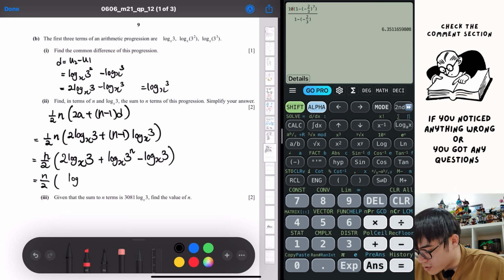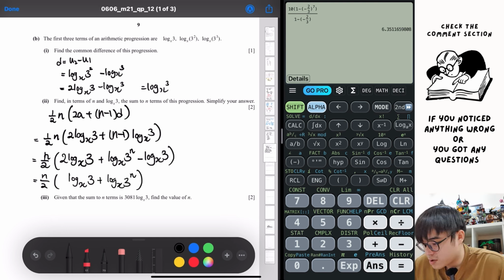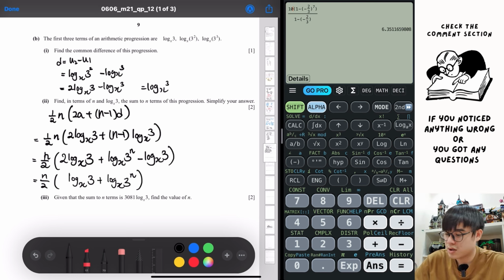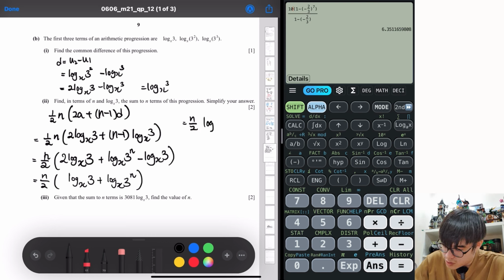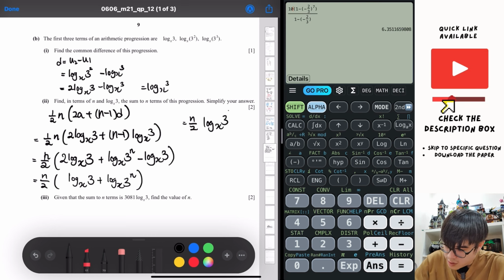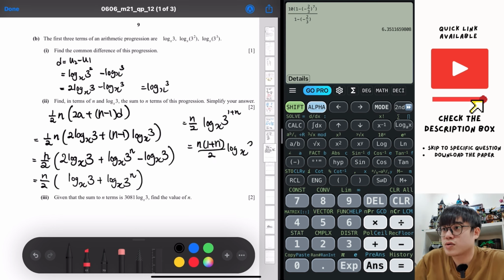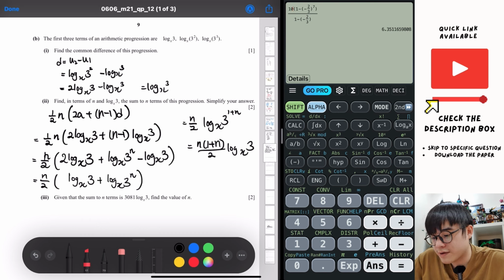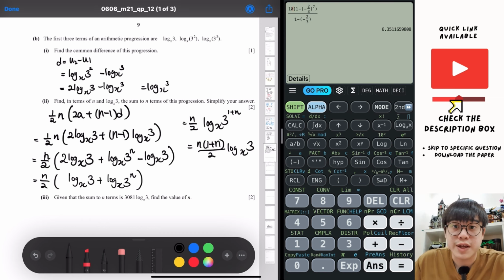So we have log x3 plus log x3 n. So this thing at the back basically tells us that it is n over 2 log x3 (1 plus n). So this will be my final answer or final arrangement here.